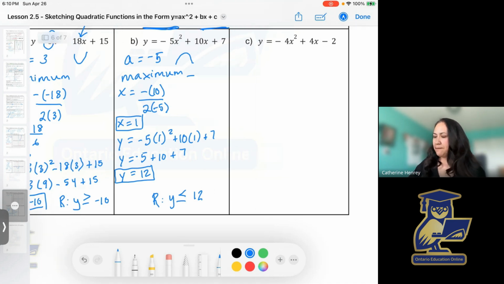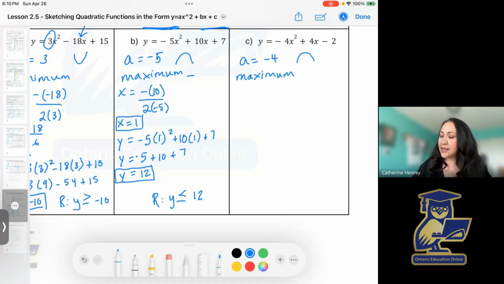And one last time. A here is equal to -4. That means we have a parabola that's going to open down. That means we have a maximum. Let's find that maximum, and we have to start with finding the x value of the vertex. So x is equal to -4 divided by 2 times -4.